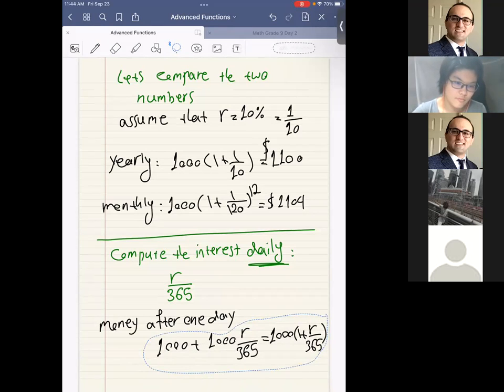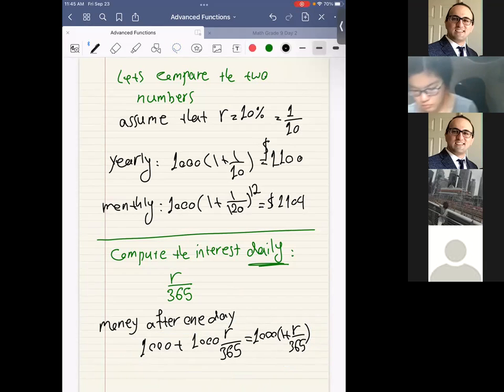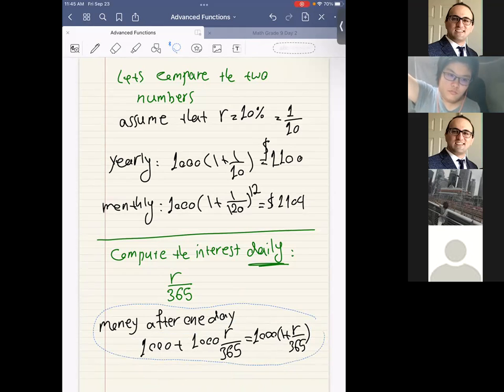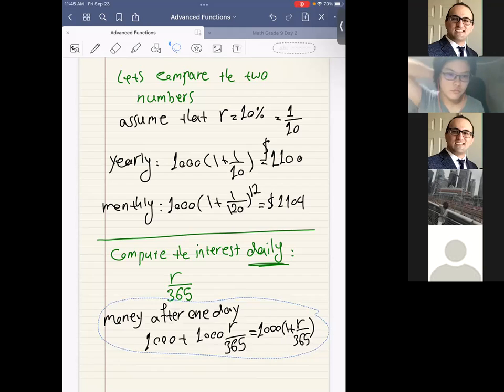Okay. Now, what would be the money after 2 days? You look at the money after 1 day and you add the interest to it, right? But in order to compute the interest, you just need to multiply it by R over 365.